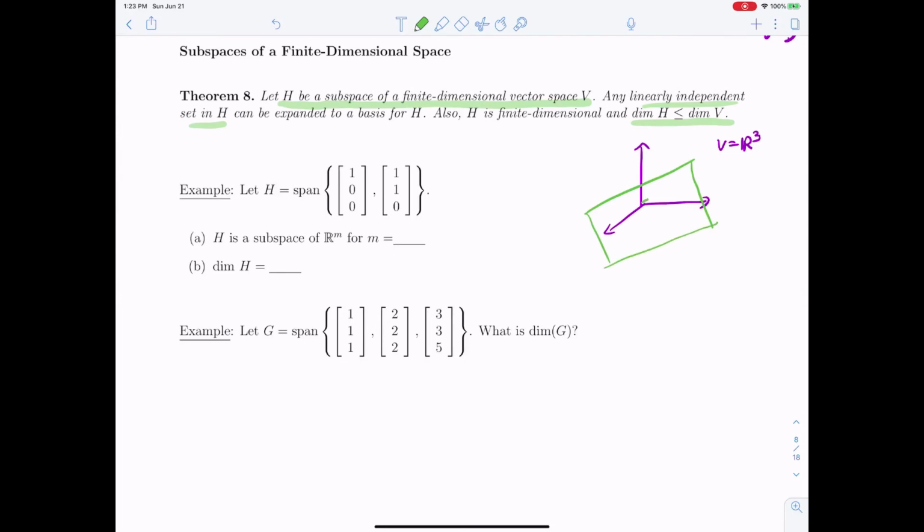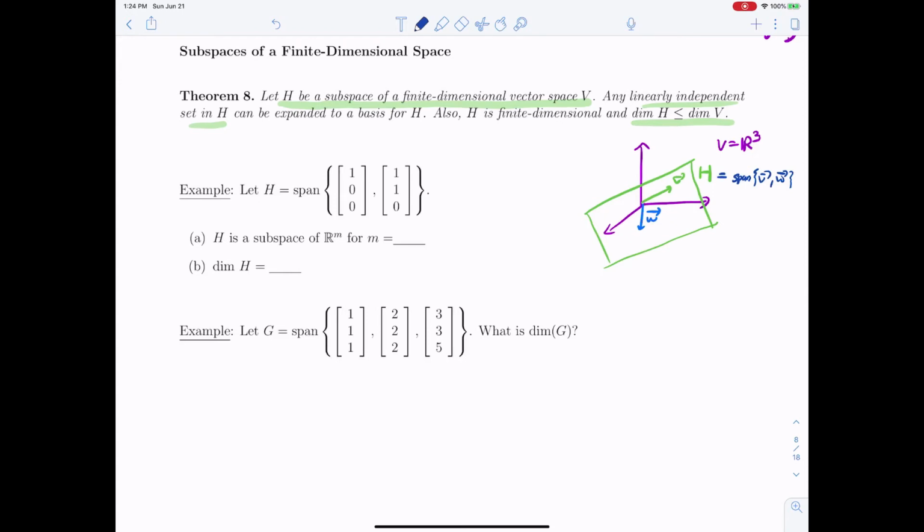If you take any vector v inside H, then v itself is linearly independent. Then you can expand v to a basis for H by adding another vector w, such that the set v and w spans the given subspace H.